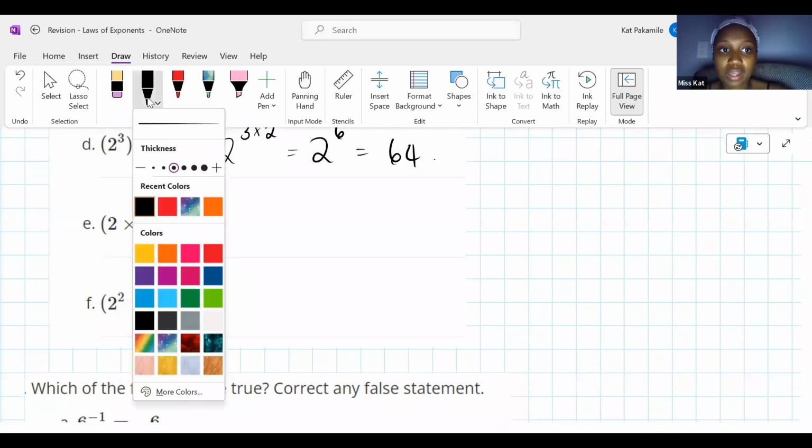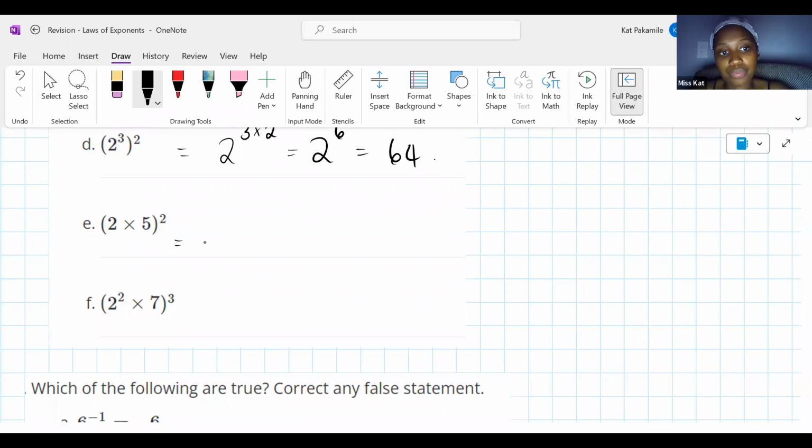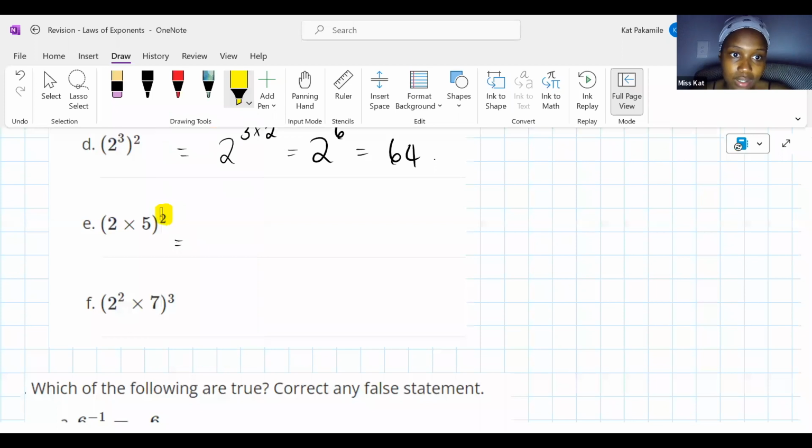Okay. Cool. So what I did was I first worked inside the bracket by saying 5 times 2, which gave me 10. Mpo, remember I gave you a whole speech about applying laws of exponents, right? So what did we have to do to those two?